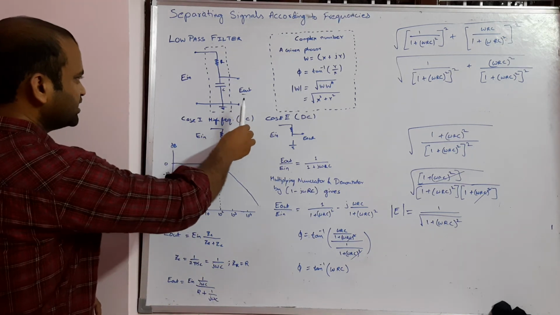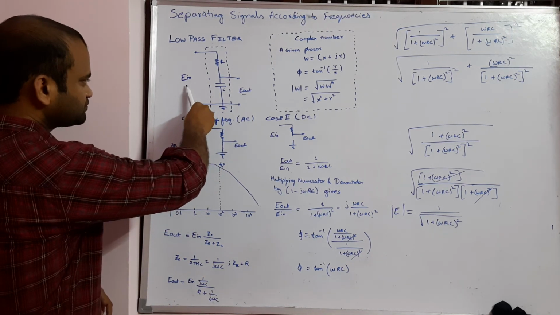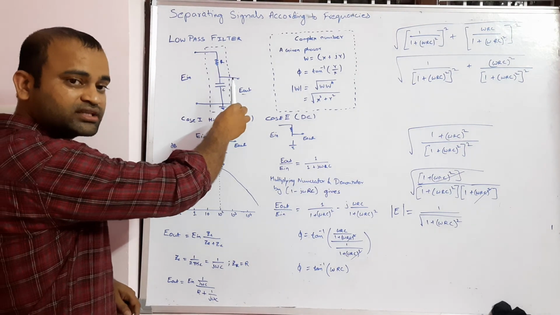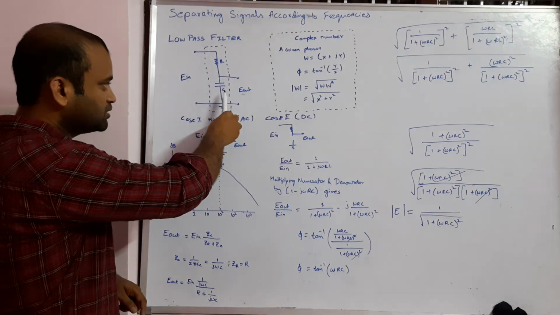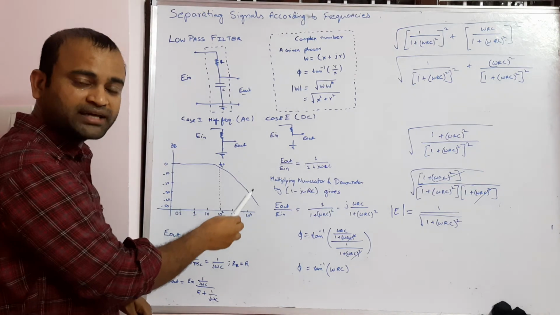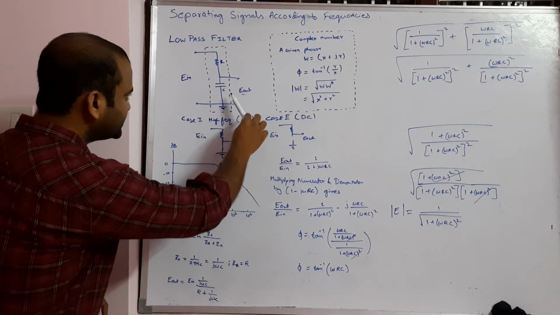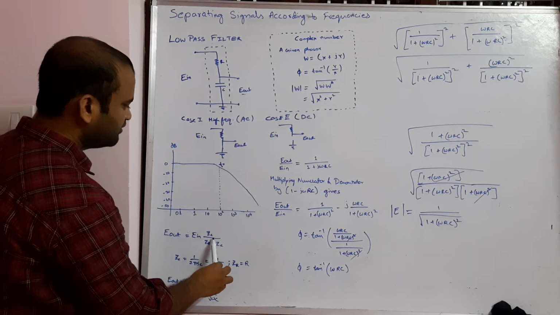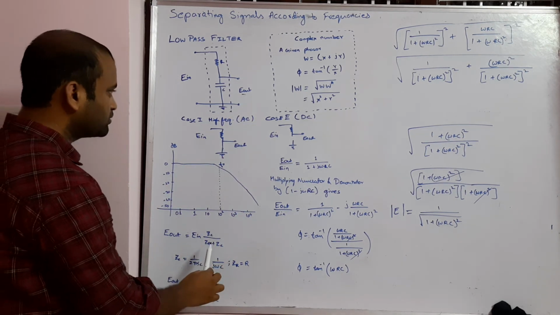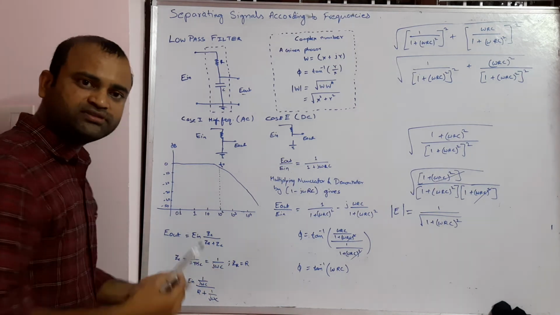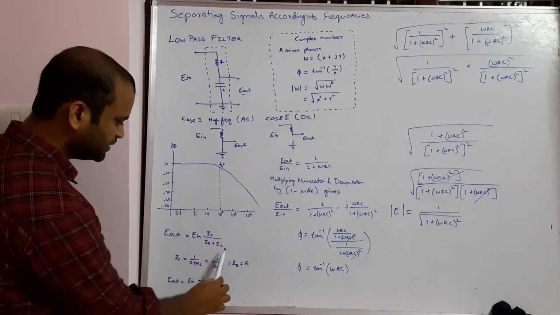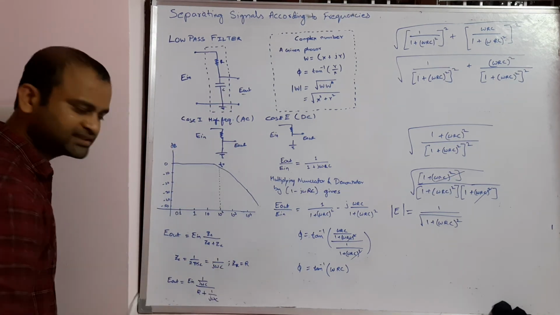The output voltage is equal to the input voltage multiplied by the impedance across which the output voltage is measured, divided by the sum of the impedances. So ZC is the impedance across which the output is measured, that's why E in into ZC, divided by the sum of the impedances, that is ZR plus ZC. Hope this formula is clear.